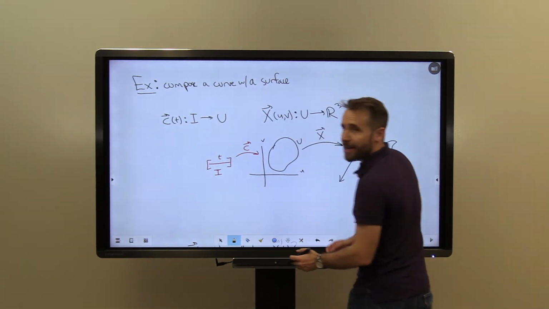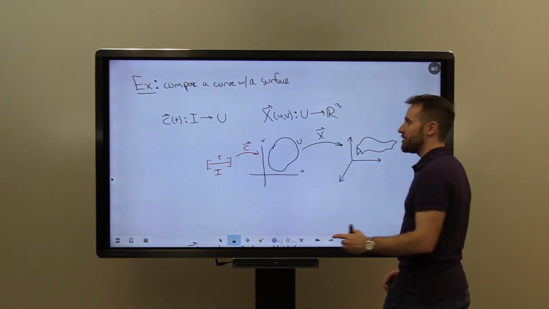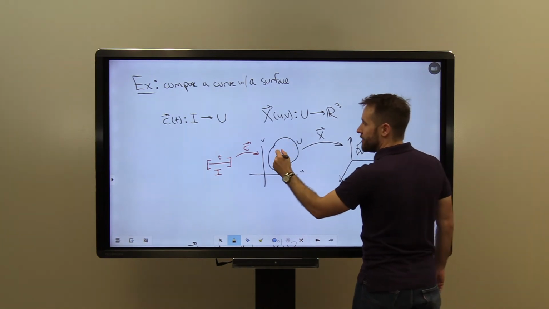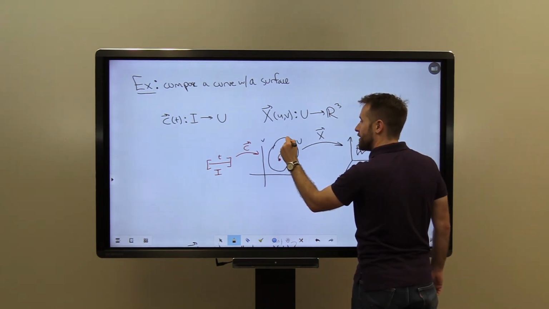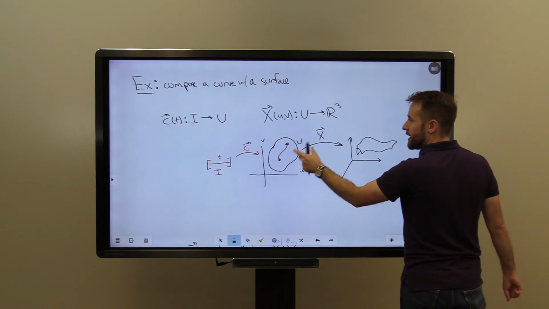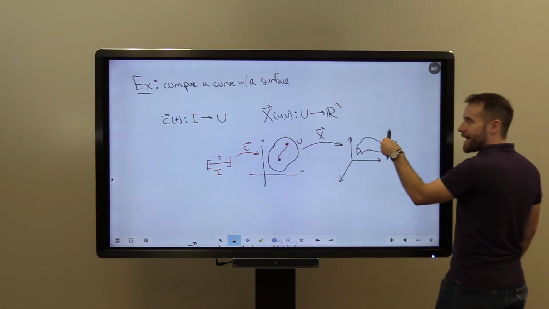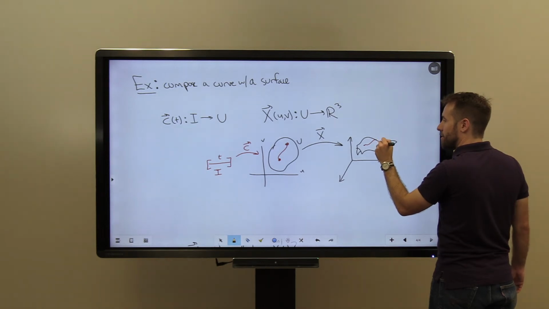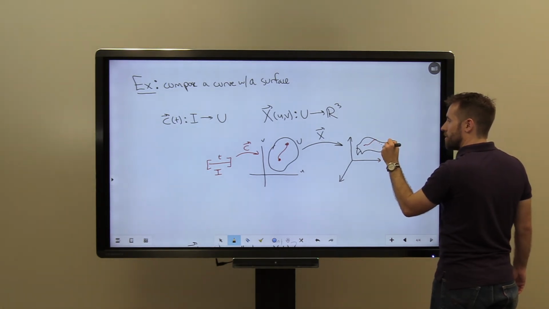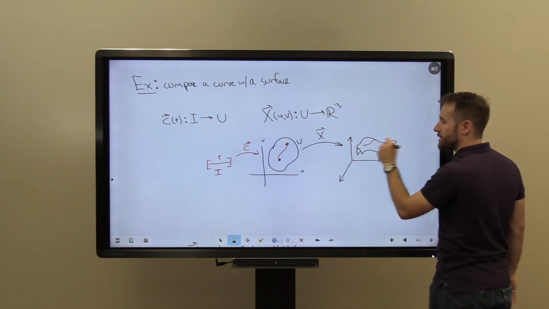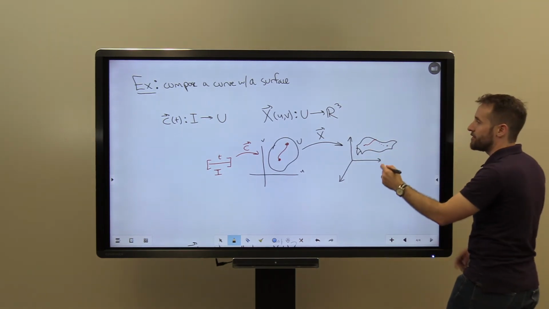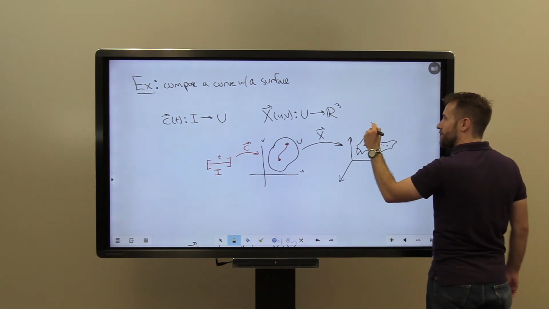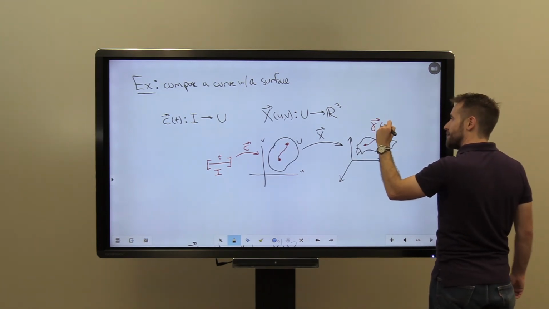So this is going to be my composition. It takes elements of I, sends them through c into U. So again, we had this curve here, and then it takes that set of points through x and sends them over here. Maybe we have our curve that looks like this, maybe goes over the edge there, and I will call this curve gamma of t.